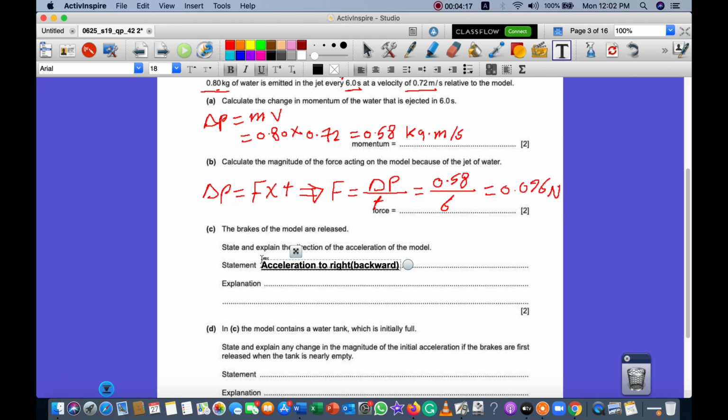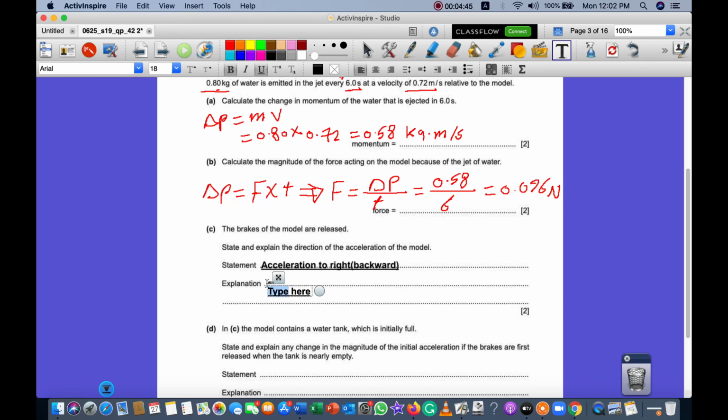Okay. Explanation. Why will the acceleration be to the right or backward? Because the force from the water on the model will be to the right, because the force and acceleration will be in the same direction. Acceleration to the right, and also the force from the water on the model will be to the right. Acceleration will be in the same direction as force.